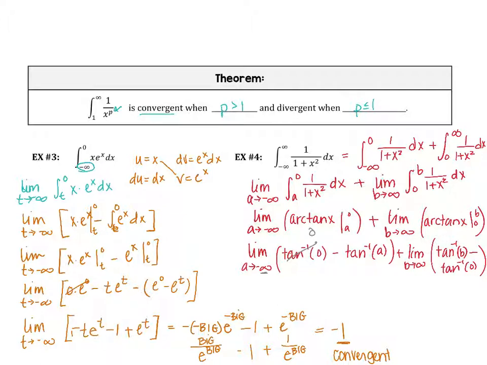That's where you're getting 0 in the denominator. So notice for this one, that answer there is going to tend toward pi over 2. And then plus, and you're going to end up with the same thing over here. This value, as you're approaching infinity, you're going to end up with another pi over 2. And so notice you're going to end up with a value of pi, which is finite, and you can say this is convergent.